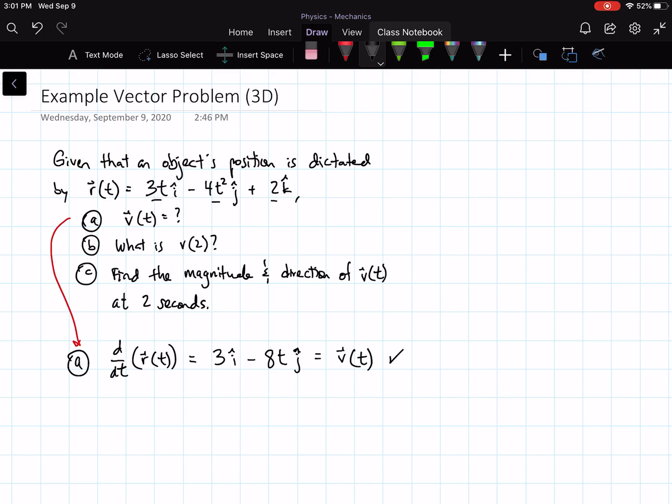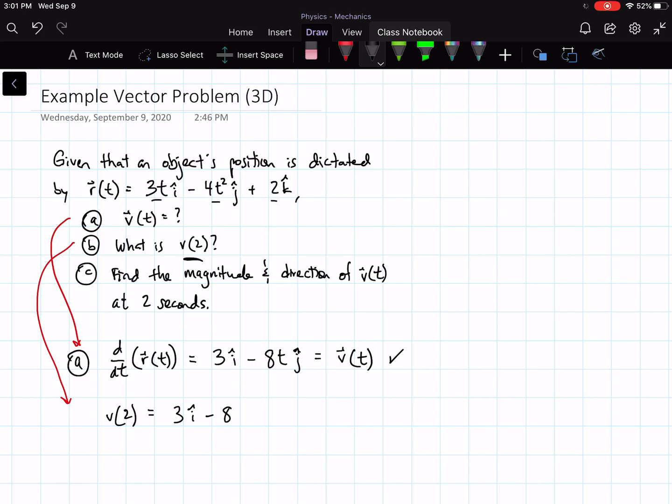B, and we'll bring that one down right underneath here. Well, now we're just going to evaluate this velocity function at time equal to 2 seconds. That's what that is saying. And so if we do that, we end up with 3. There's no time dependence there for the x component of the velocity.